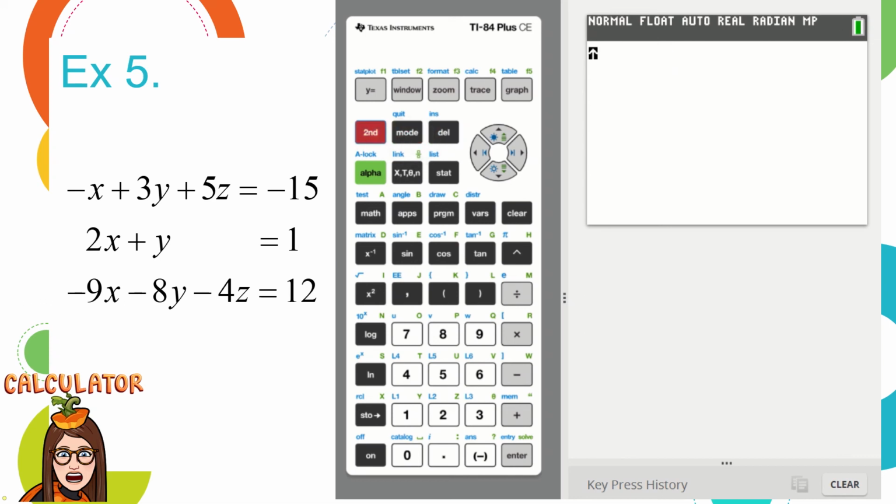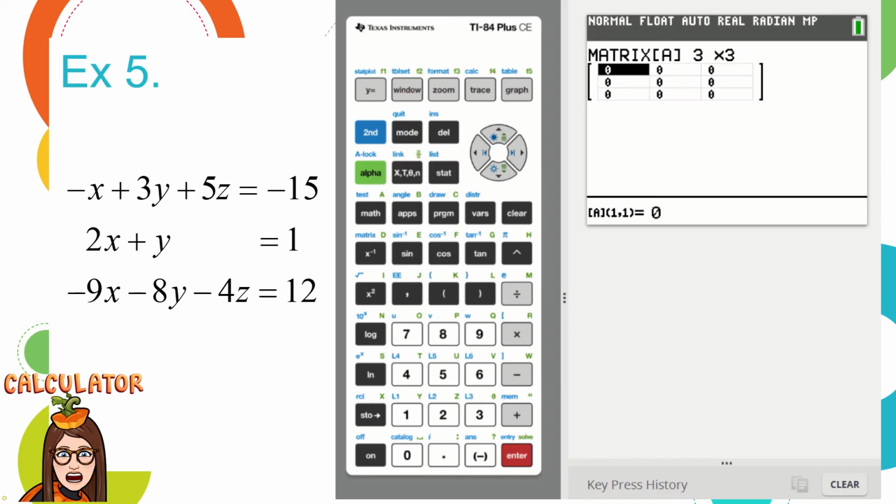Let's go second matrix. Let's go edit. Matrix A, we're going to do a 3 by 3. We have a -1, a 3, a 5. Oops. Next, we have a 2, a 1, and if you're missing a variable, you do need to enter a 0. -9, -8, -4.